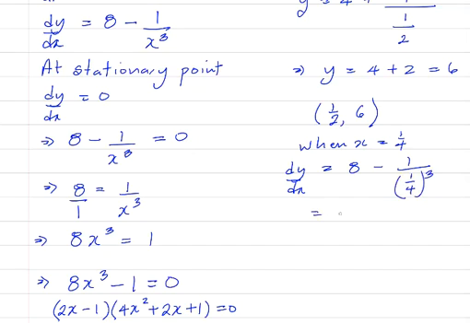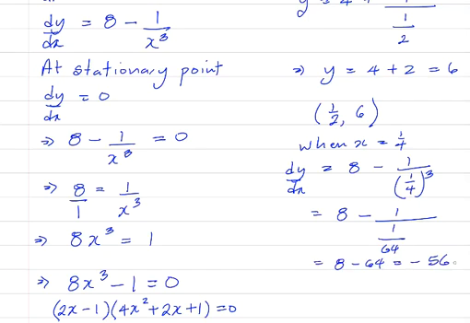This would be equal to 8 minus 1 over 1 over 64, which is equal to 8 minus 64, which is equal to minus 56.